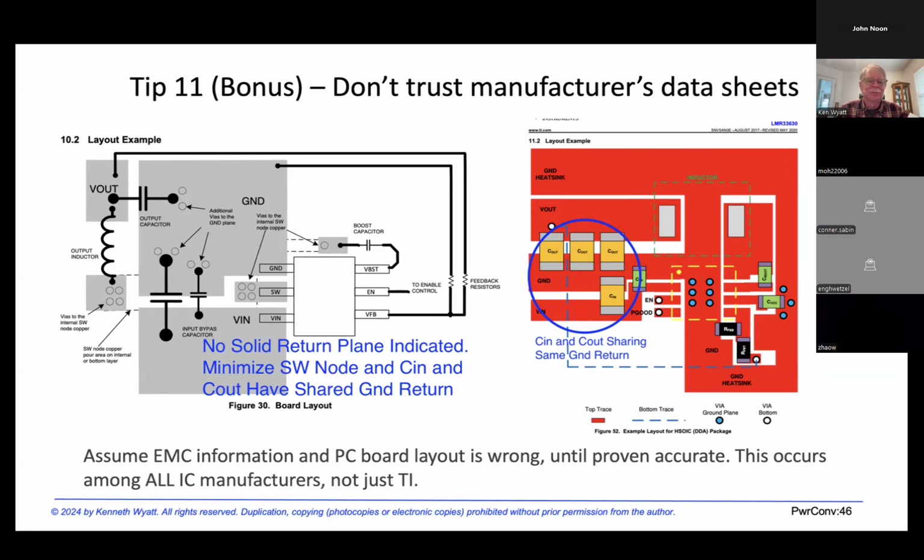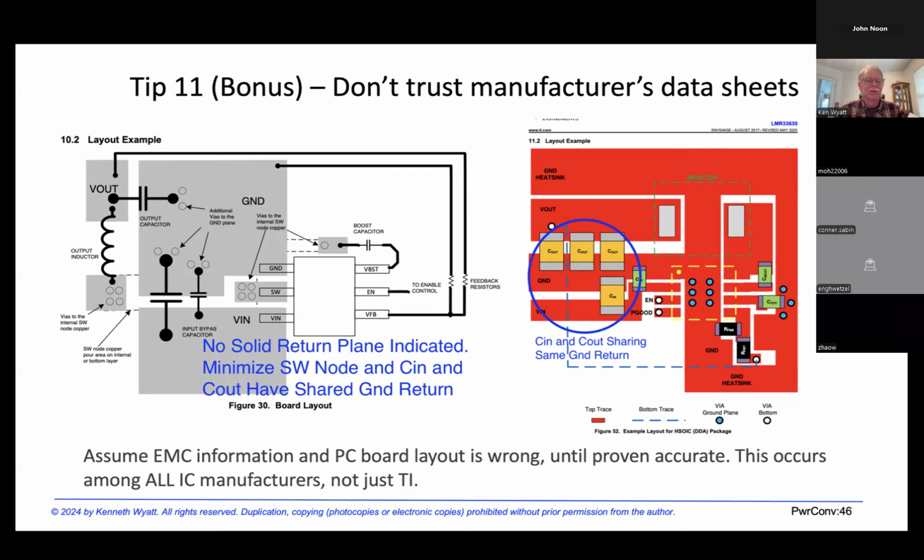On the left, we've got the switch node. You can see the switch node. It's on the left side of the IC in the middle. And that switch node goes from the top side to the bottom side of the board, and it's fairly long. It's a long trace.